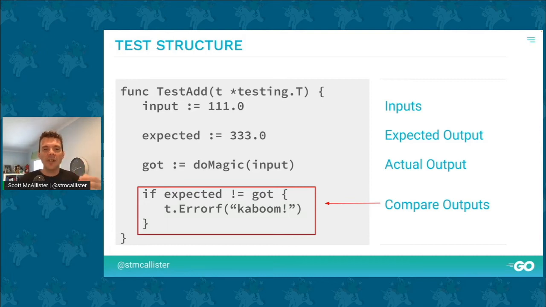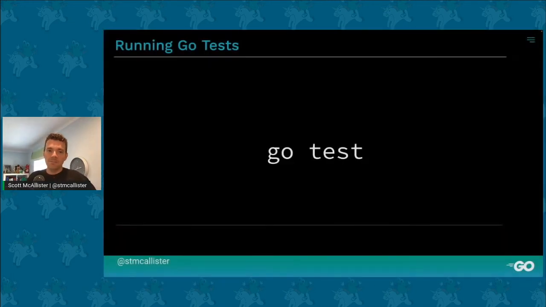But this gives you a general idea: every test should have an input, an expected output, get the actual output by calling whatever function you're testing, and then assert that the expected and the got are the same. And then you just run go test. That easy.